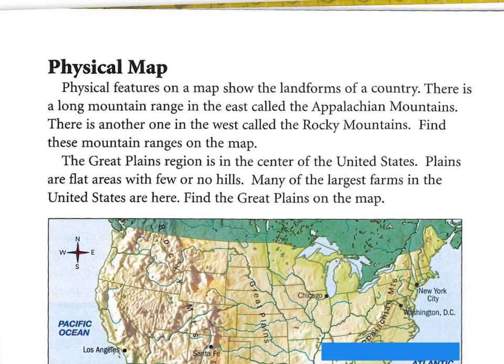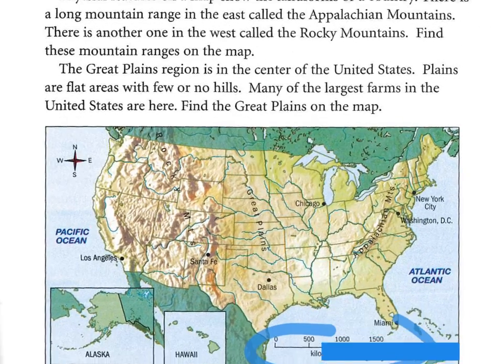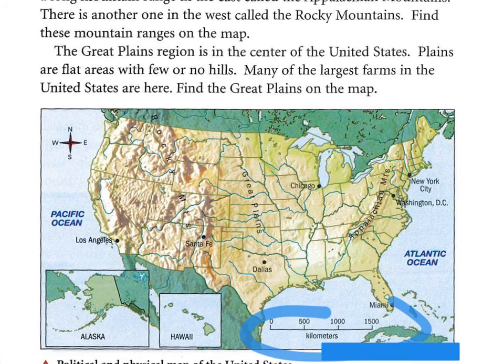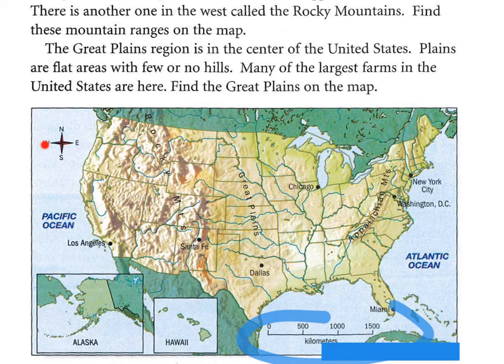So we're looking for Appalachians. It's in the east. So again, west, east. In the east, do you see the Appalachian Mountains? And then to the west, the Rocky Mountains.